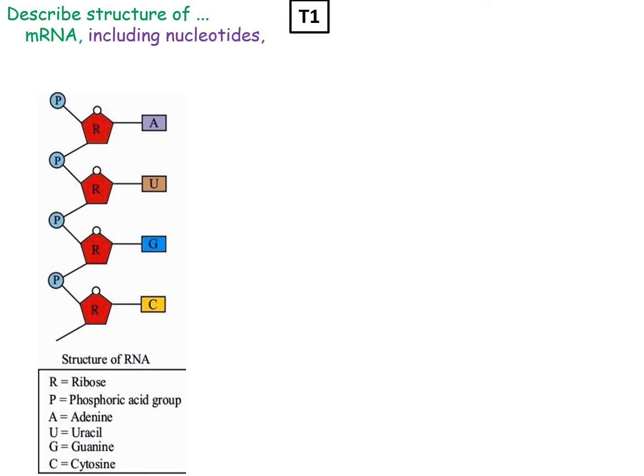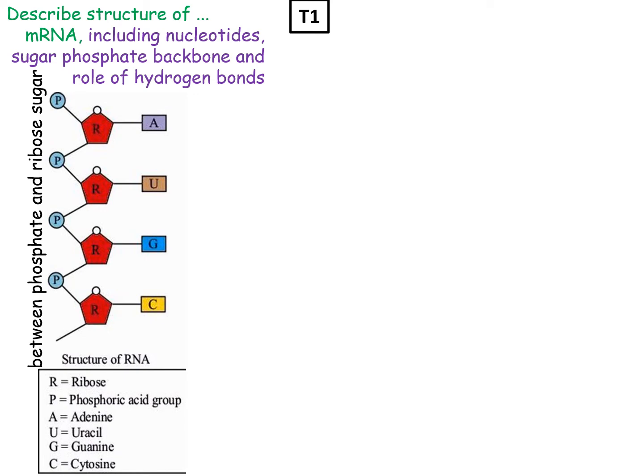Okay, describe the structure of mRNA. So what is the structure of this mRNA, including its nucleotide? We can see that it's obviously got a sugar phosphate backbone, and between the phosphate of one RNA nucleotide and the ribose sugar of an adjacent RNA nucleotide, there are phosphodiester bonds.